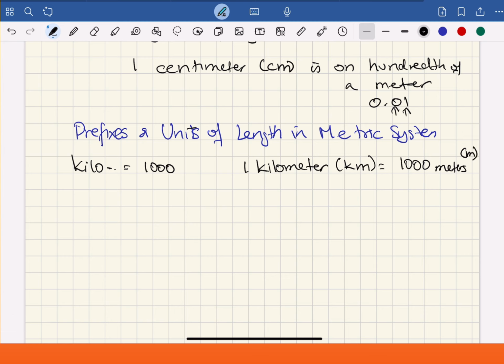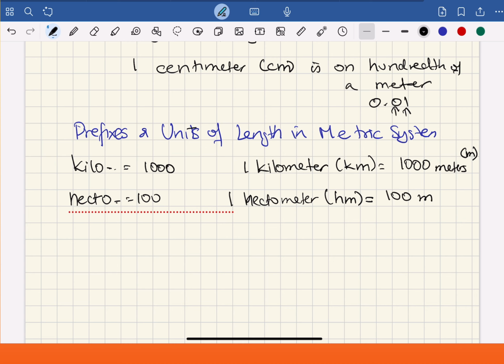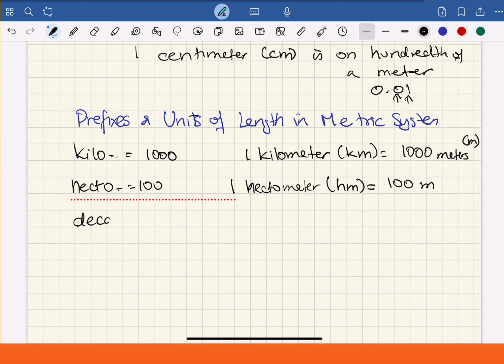Okay, we have the prefix hecto. Hecto means 100. So 1 hectometer, HM, is equal to 100 meters. We also have the prefix deca, which is 10.